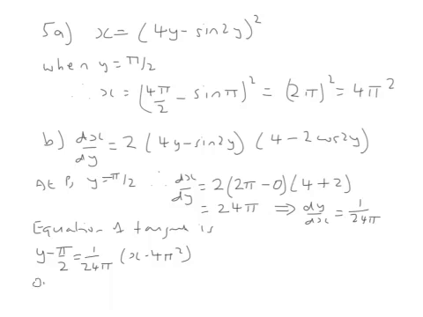So we're on the y-axis, x equals 0, so y minus pi by 2 equals 1 over 24 pi times 0 minus 4 pi squared.